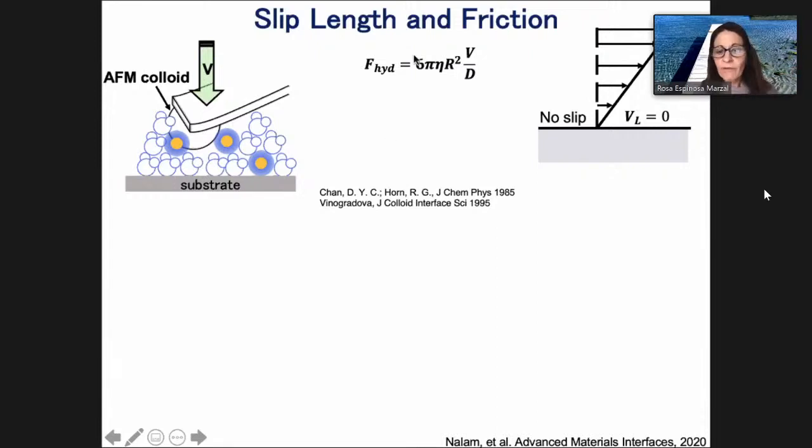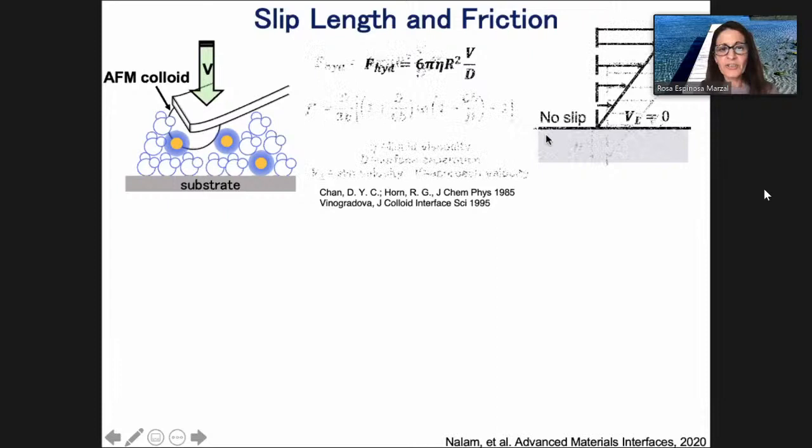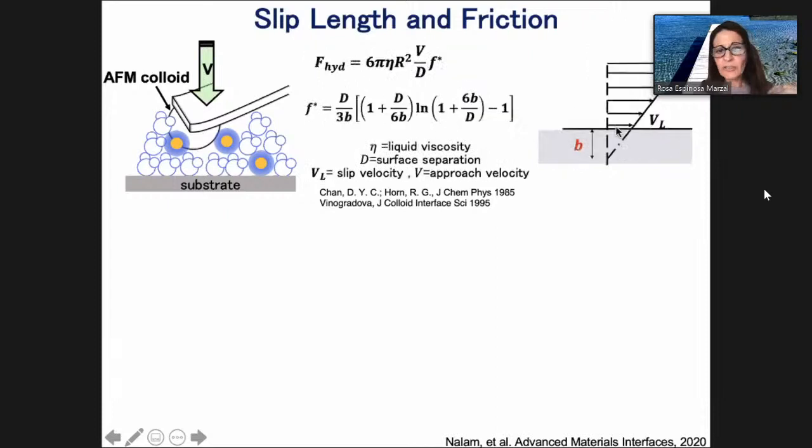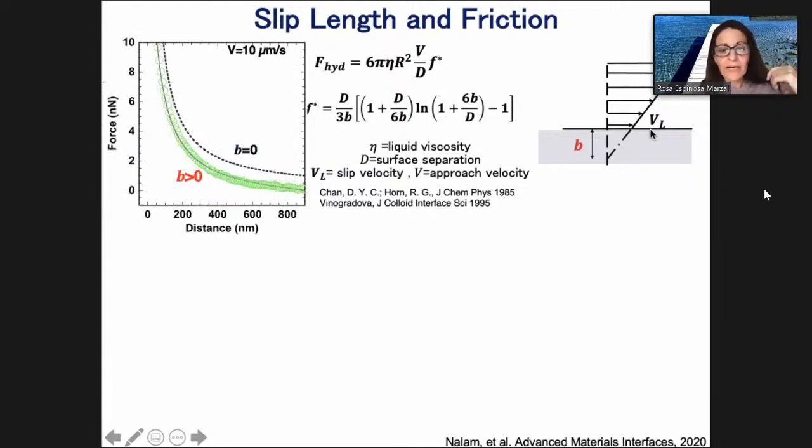We model the hydrodynamic force by Reynolds' theory of lubrication and introduce a potential slip on the surface with Vinogradova's model, which uses a slip function that depends on the slip length. You see that a larger slip length implies a larger slip velocity and also a smaller hydrodynamic force.